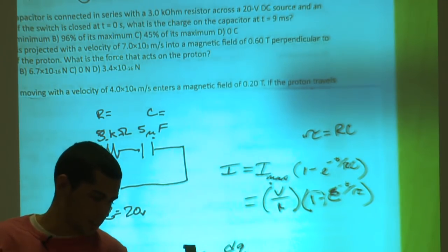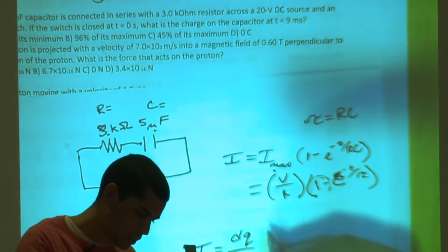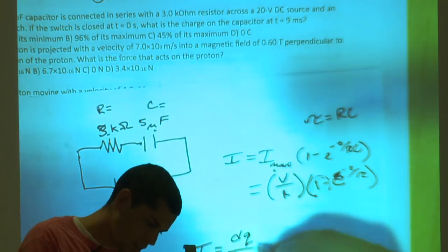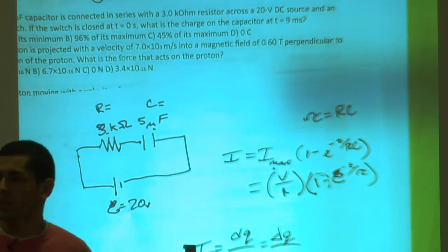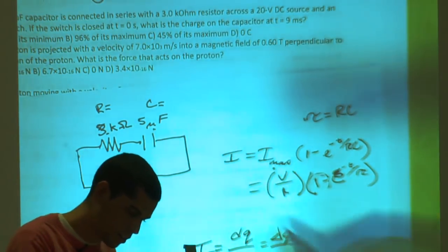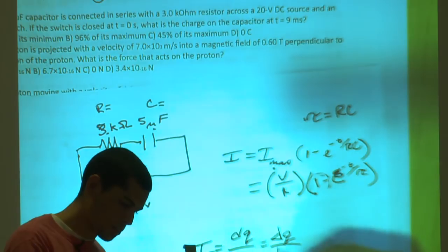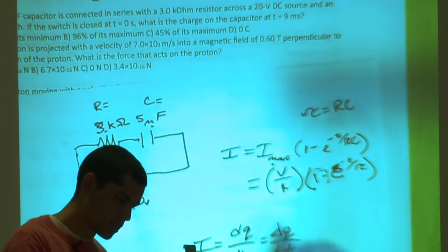Awesome, thank you. So then for dq over dt, if it's not increasing in a curved fashion, but increasing in a linear fashion, we can use delta q over delta t.